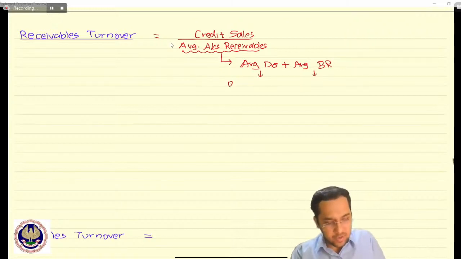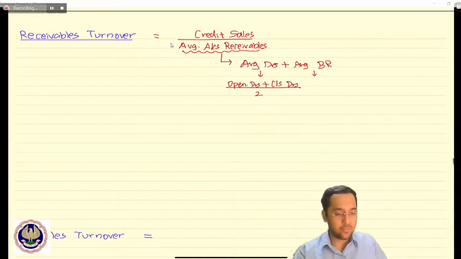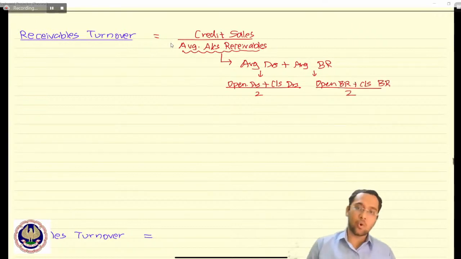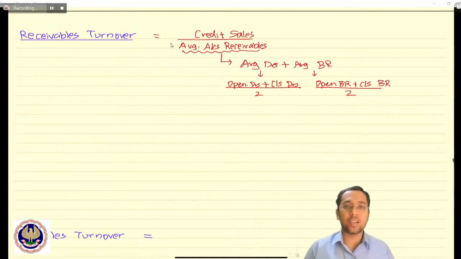Average debtors is simply opening debtors plus closing debtors divided by 2. And average bills receivable is opening bills receivable plus closing bills receivable divided by 2. If there is no opening, then take the closing as the average itself.